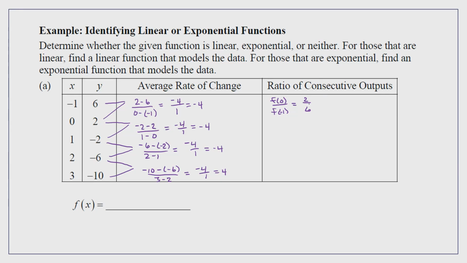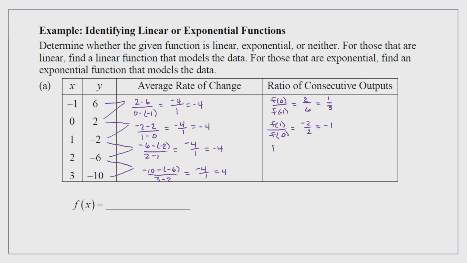So that would be 2 and 6, which equals 1/3. Then we'll take f of 1 and f of 0. That's the next set of x coordinates, which would be negative 2 and 2, which equals negative 1.